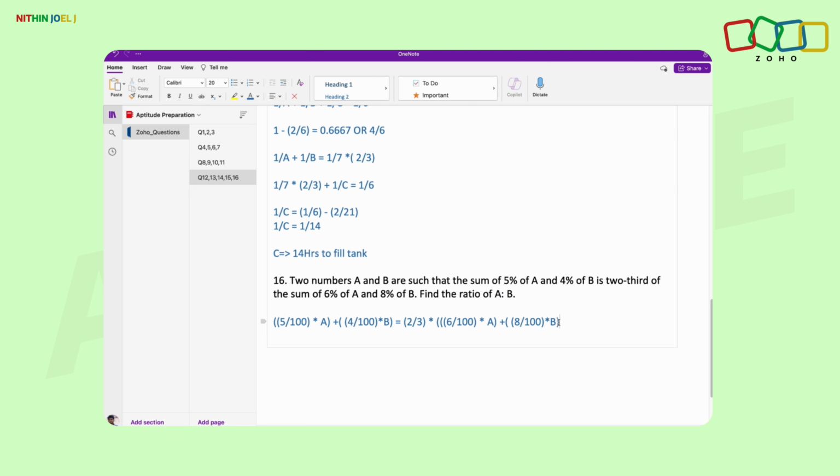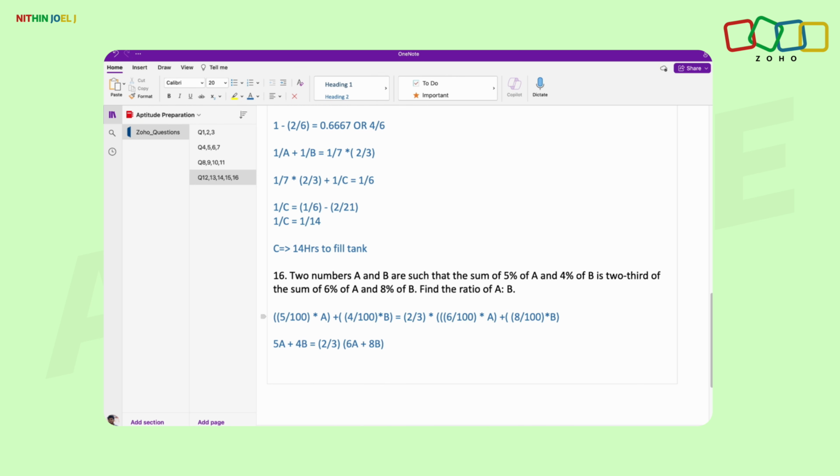So now, since 100 is common in all the terms, I'm just eliminating 100 over here. So now our equation becomes 5A plus 4B, which is equal to 2/3 into 6A plus 8B over here.